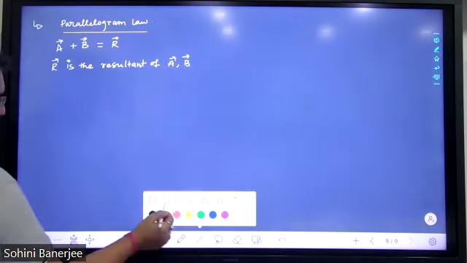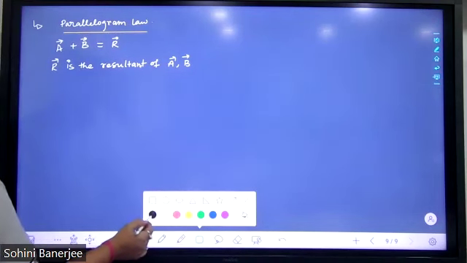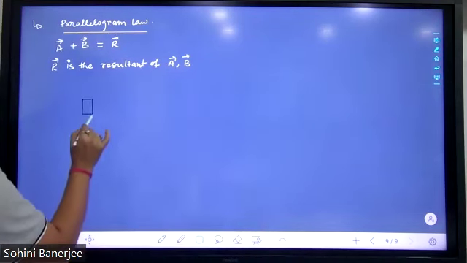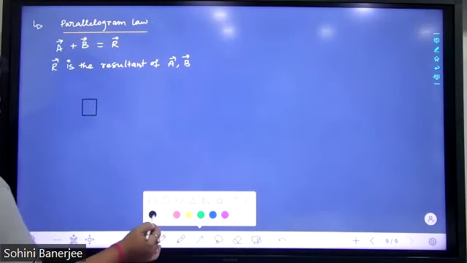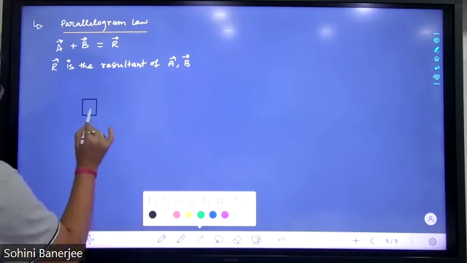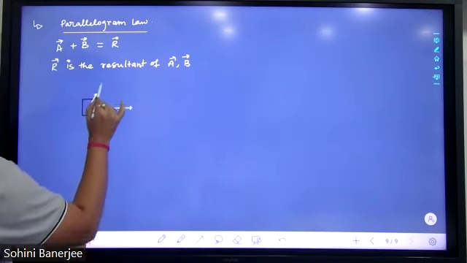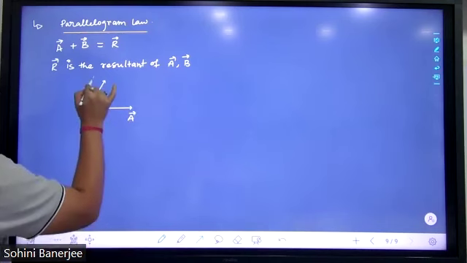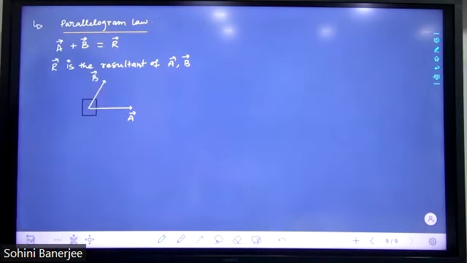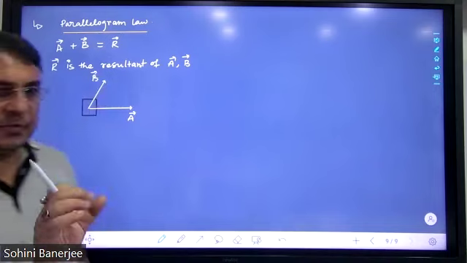Just to get a real situation, you see. Suppose this is a block. Now I apply a force A and a force B. Two forces are applied. What is the net force acting?